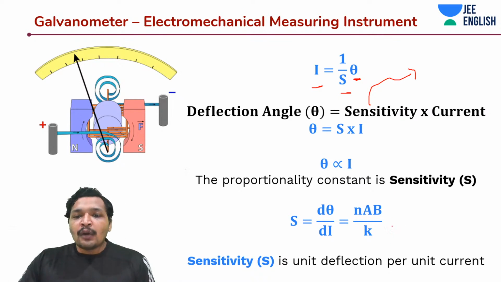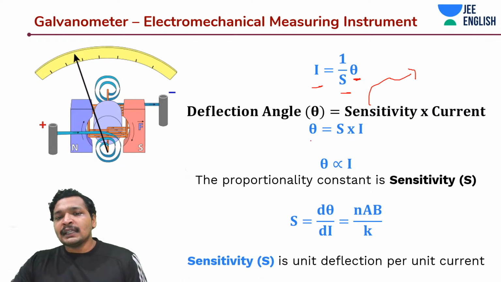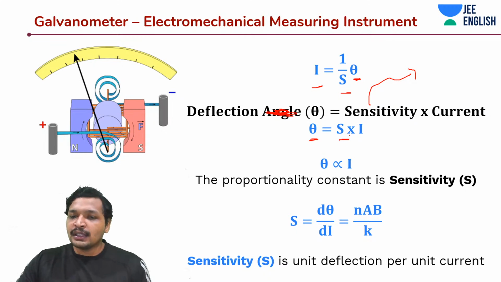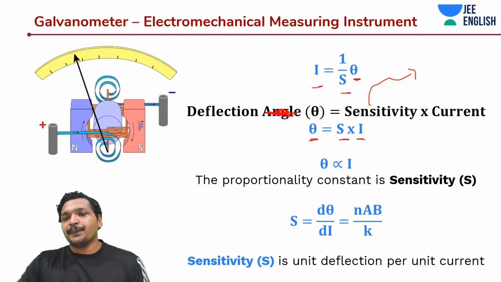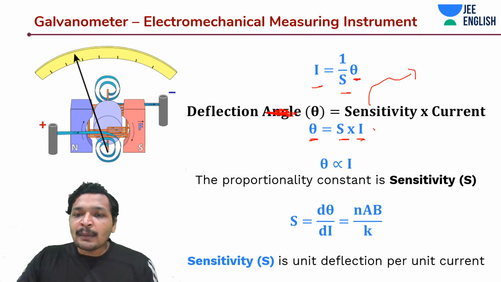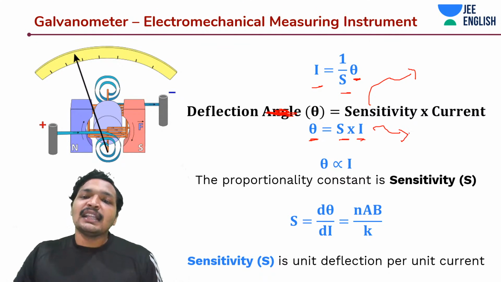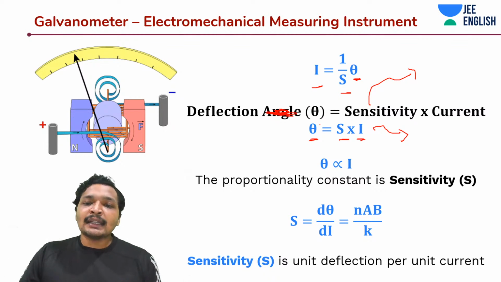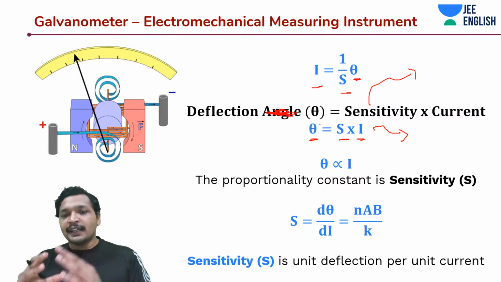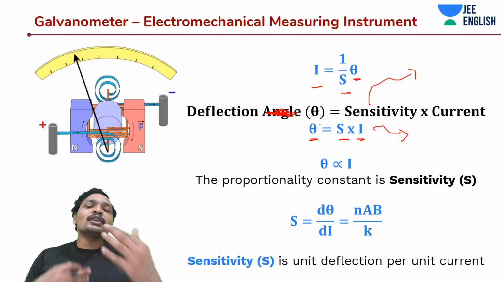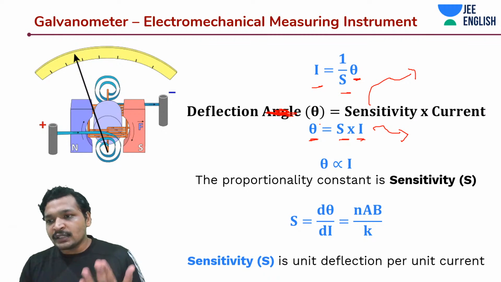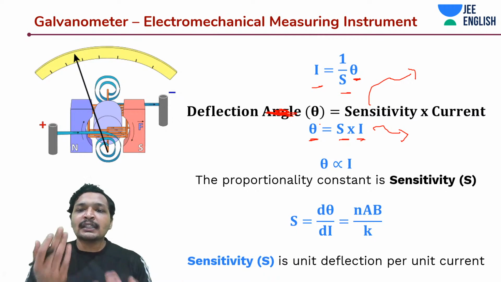Now I can also write theta, the deflection angle or deflection, is equal to S into I. You don't want to write this as deflection angle, it depends on the type of galvanometer you're dealing with. So now think about it. Back in the days, mechanical measurements were the standards, so you're trying to correlate. Even in today's measurement instruments, you are correlating this mechanical scale.